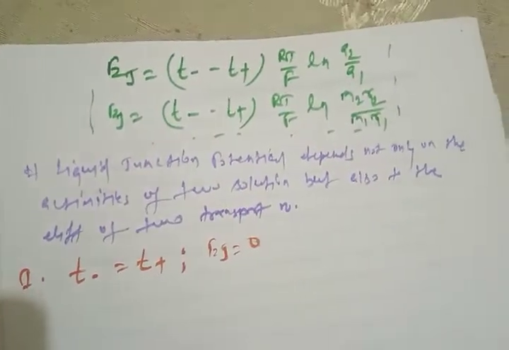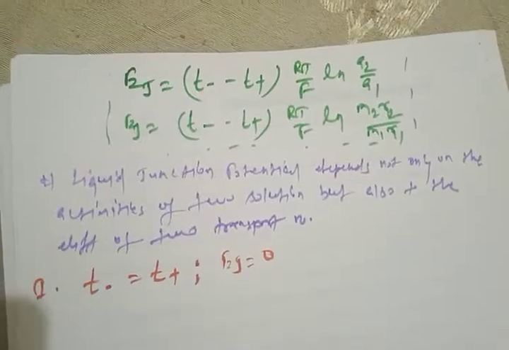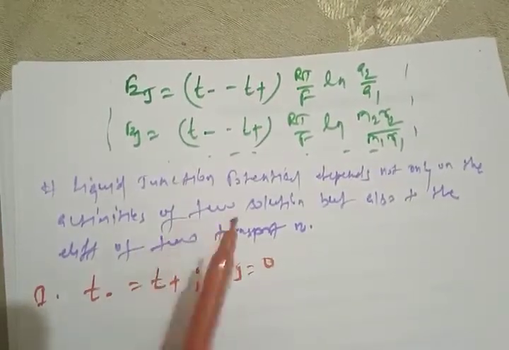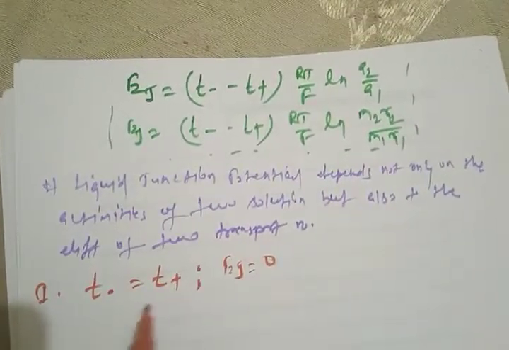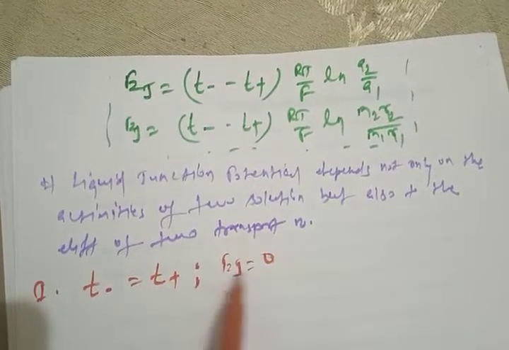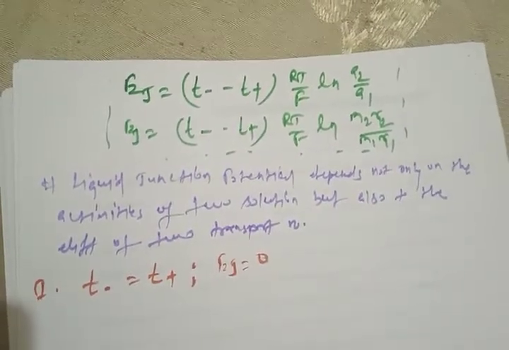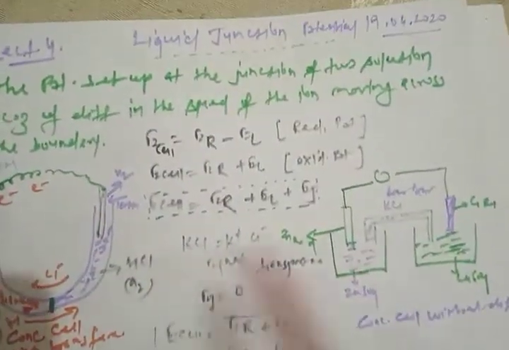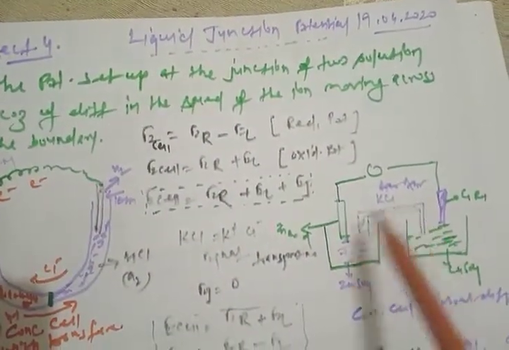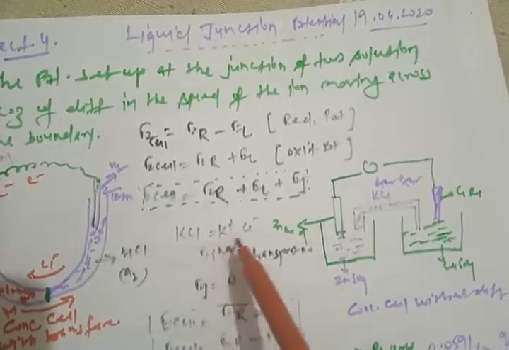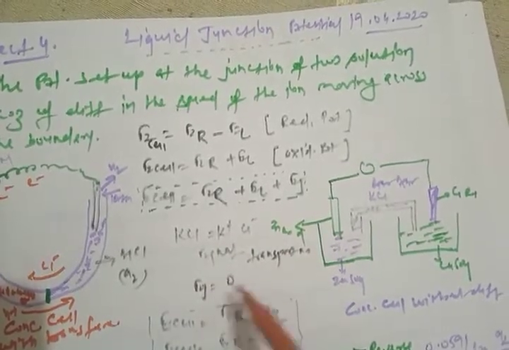So this is the first case where the junction potential will be 0 when the transport number values are equal. We had already proved this in the case of KCl, where the transport numbers of K plus and Cl minus are equal, so the Ej value will be 0. So here is the proof of that.